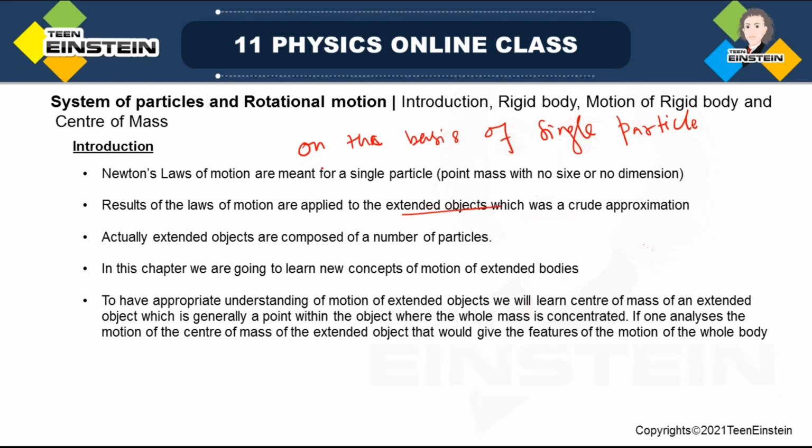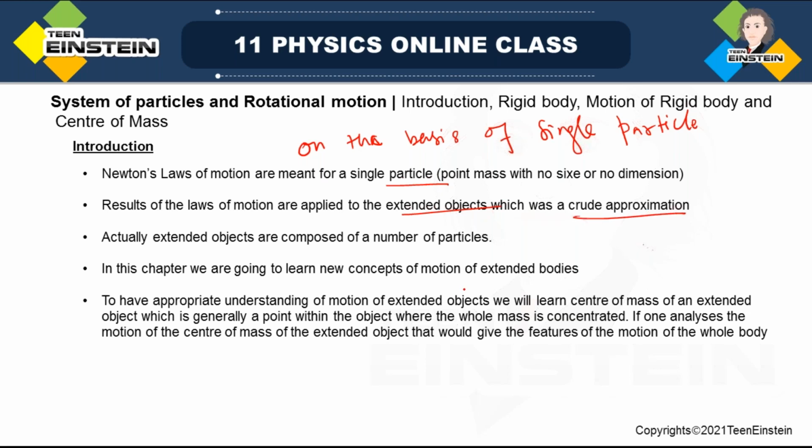But still we have used the same laws of motion which are meant for a single particle or point masses. We have applied those in the case of extended objects, thinking that the same law can be applicable for extended objects. So this is actually a crude approximation.